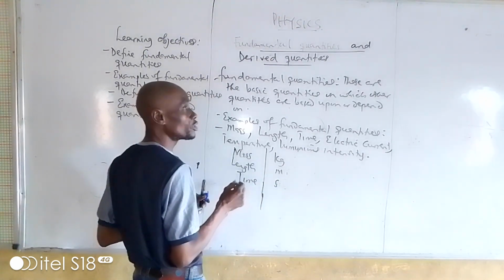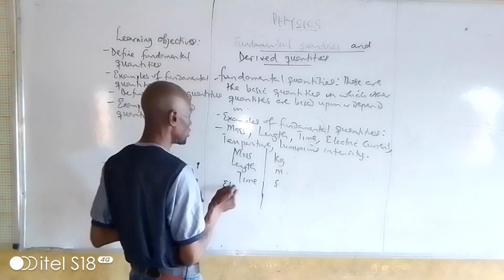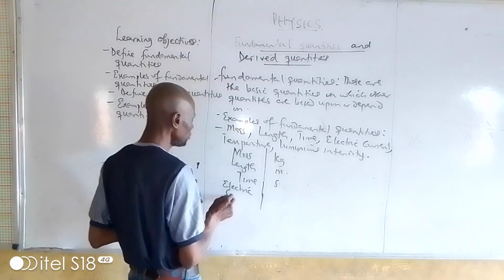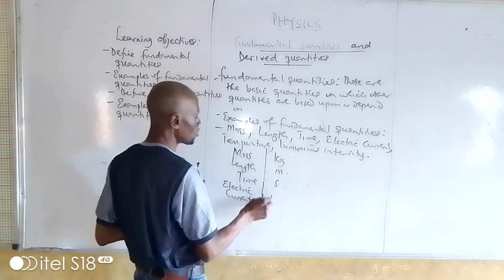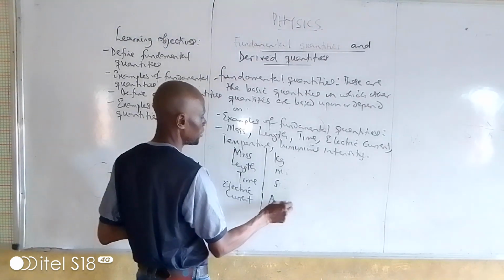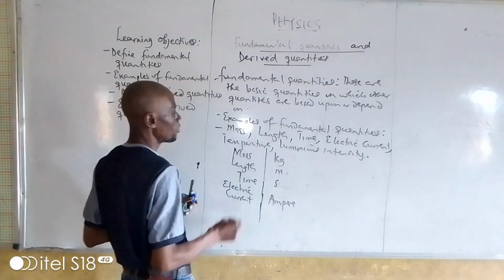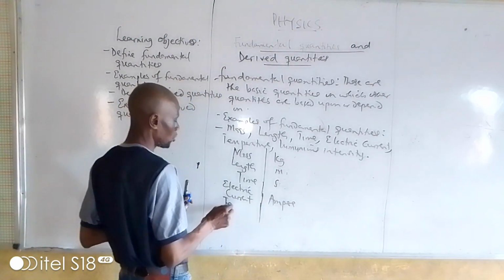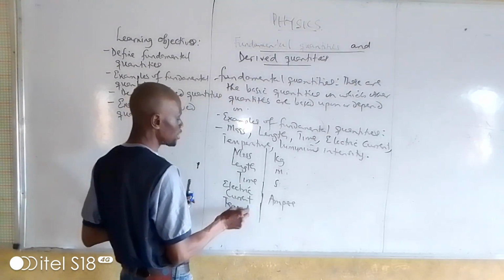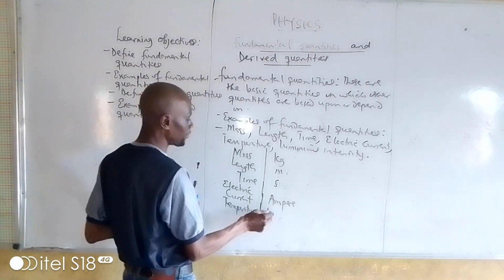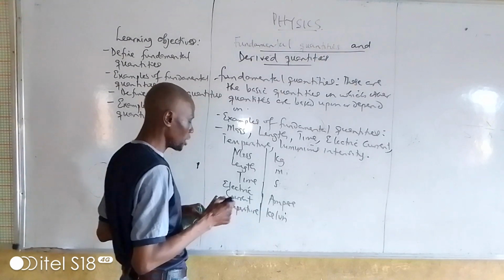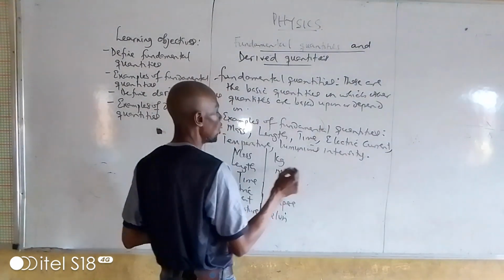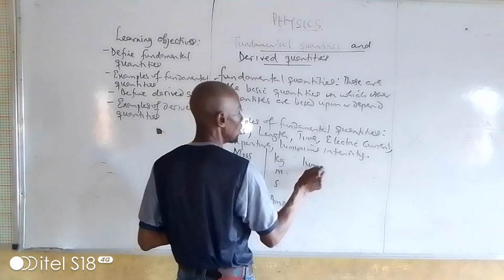We also have electric current. Electric current is measured in ampere. We also have temperature. Temperature is measured in Kelvin. And the other one is luminous intensity.